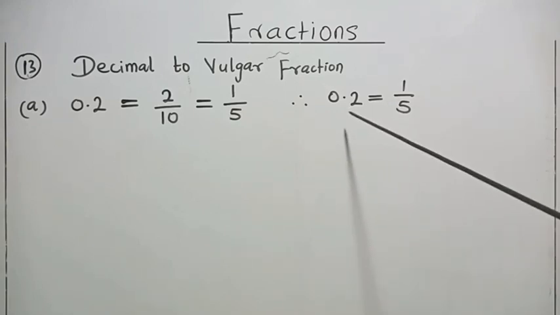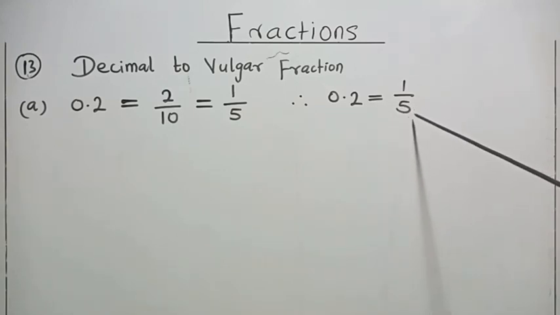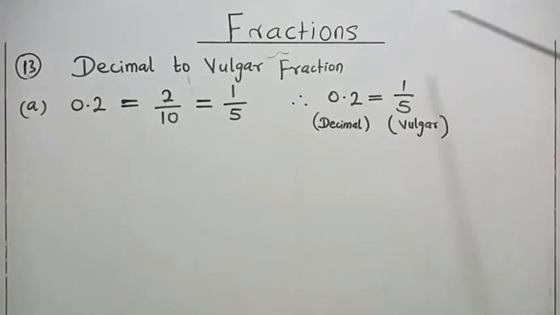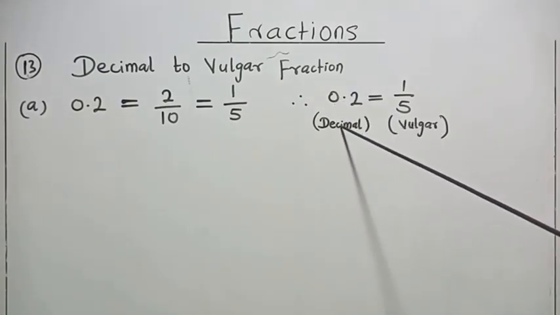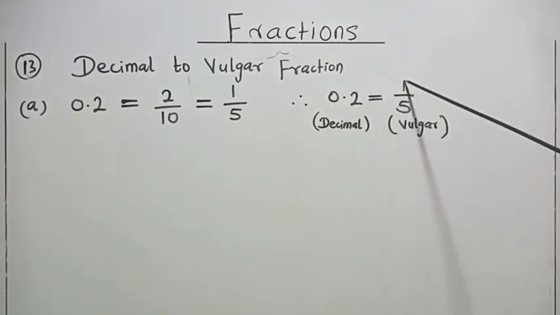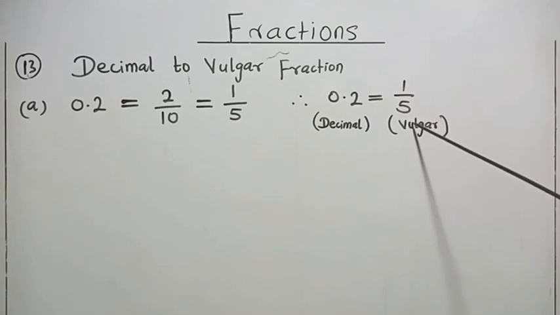Let me write decimal under 0.2 and vulgar under 1 over 5. And that is it. 0.2 is decimal, and now it exists as 1 over 5, being vulgar. Was that straightforward enough? Of course, you should notice the way the conversion was done.